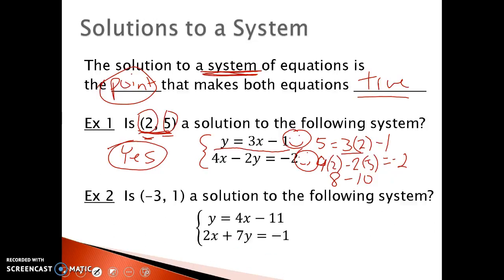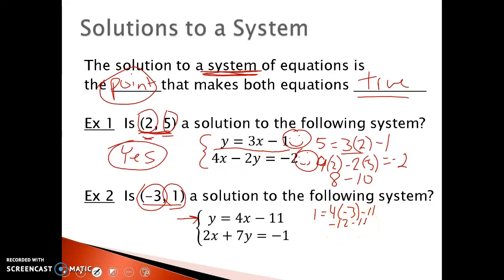Let's take a look at example number 2. We want to check to see if this is a solution to the following system. And so if I plug it into the first equation here, I know that y is 1. So 1 equals, and we're going to have 4 times x, and x is negative 3, minus 11. So is that a true statement? Well, 4 times negative 3 is negative 12.